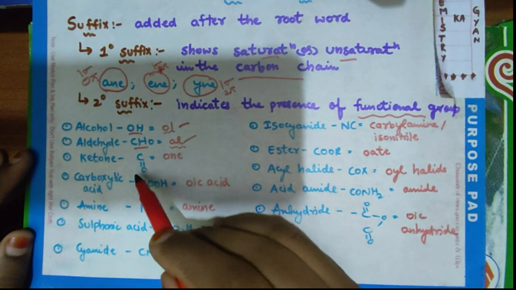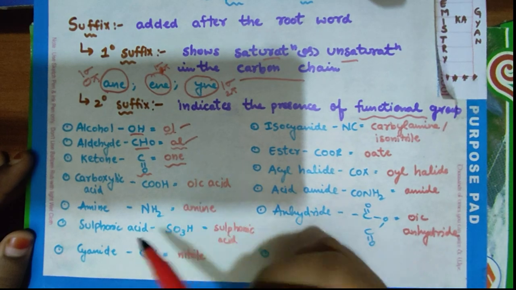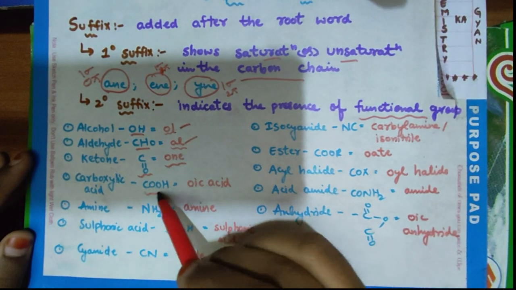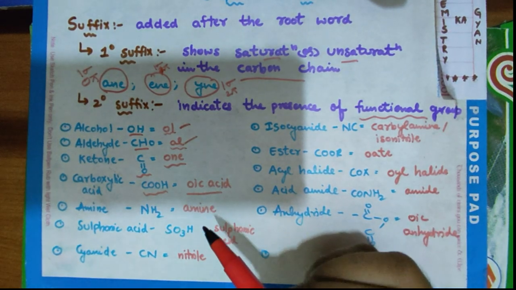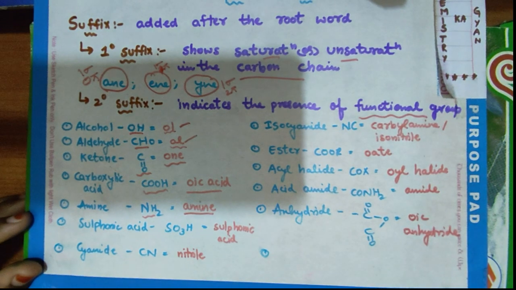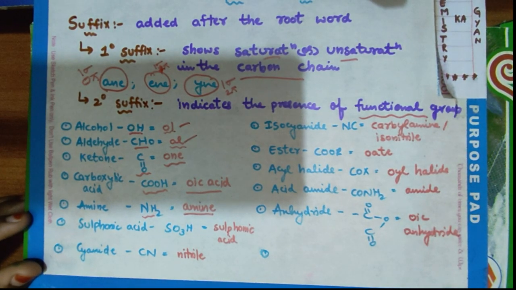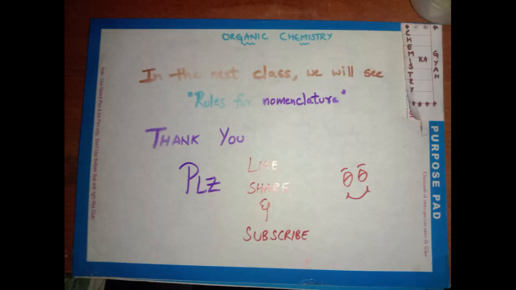If it is ketone, there is a C=O group, we give one, like propanone, that is acetone. If it is carboxylic acid, there is COOH, we give oic acid, that is ethanoic acid. If it is amine, NH2, we give amine, that is ethanamine. These are the examples of the secondary suffixes for the various functional groups.